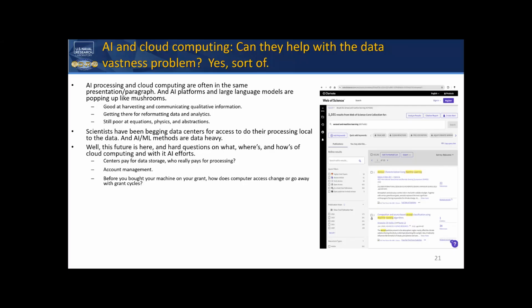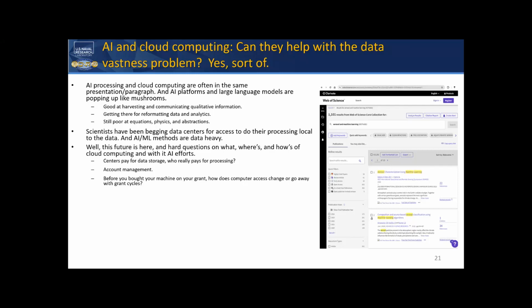And that is now happening in the cloud, which is sort of good news. These AI and machine learning methods are exceptionally data heavy. So if I can go to Amazon or Azure or any of these other cloud platforms, and NASA puts the data there, and I need to go through a lot of this data, that's going to be great because I can just do my computation there. I don't have the egress charges, and I can whip through things quickly, which is really great.